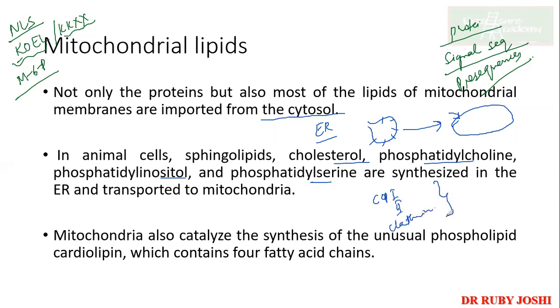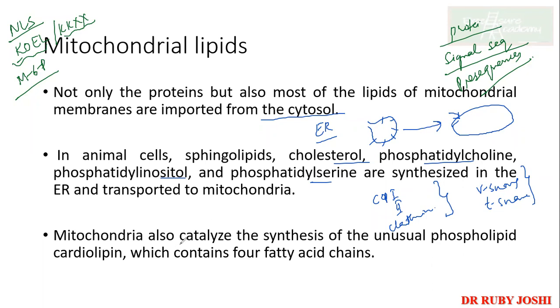With the help of these coat proteins. And then we have seen how they get fused. Fusion is where we talked about the V-SNARE and T-SNARE. So there the fusion happens. This is how the important lipids are transported to the mitochondria or any other organelles.